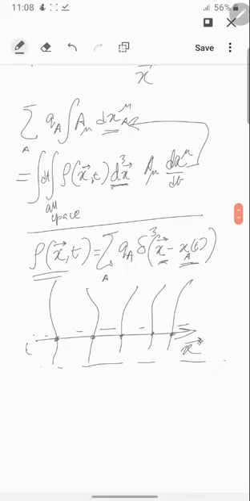Therefore, when we do this integral with this kind of a definition of rho, we will get only those space points which are x equal to x a at time t. Therefore, this integral will automatically ensure that only those x mu's which are x mu a will be surviving. Therefore, this integral will lead us to this thing.